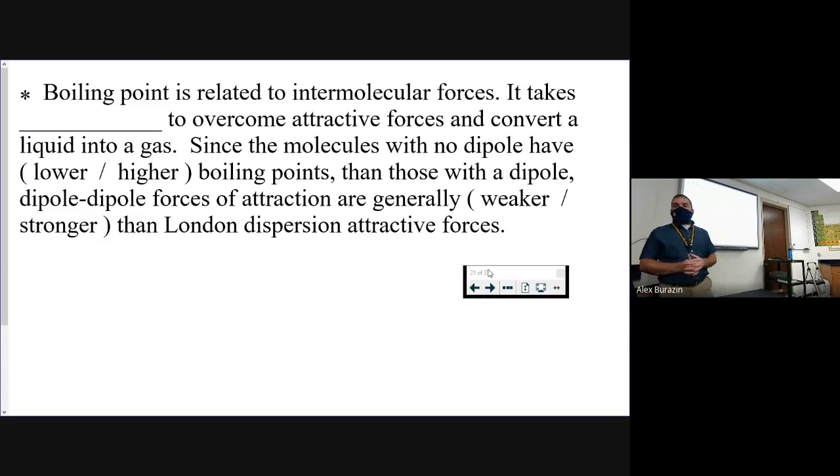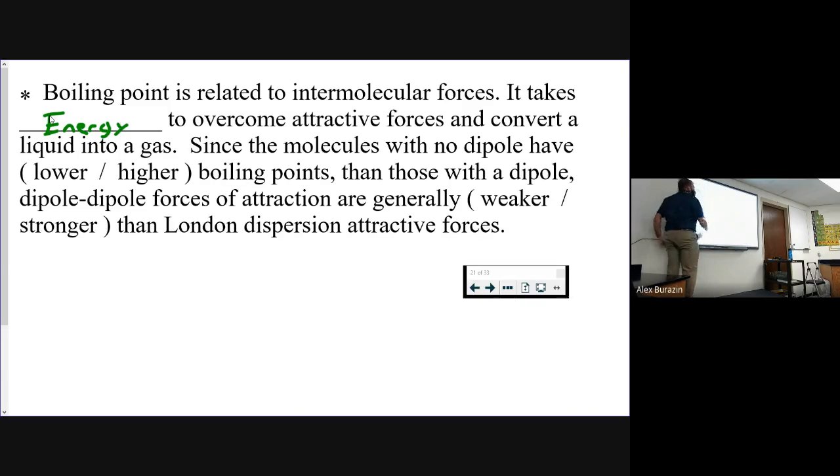Boiling point is related to intermolecular forces. It takes blank to overcome attractive forces and convert a liquid into a gas. What do you need to turn a liquid into a gas? It's probably what you're thinking. Don't overthink this. Heat, aka, we'll be more generic than that, energy. Yeah, we need some energy.